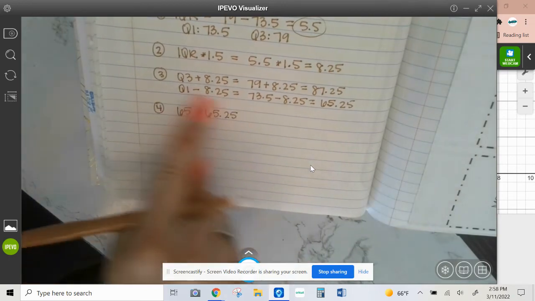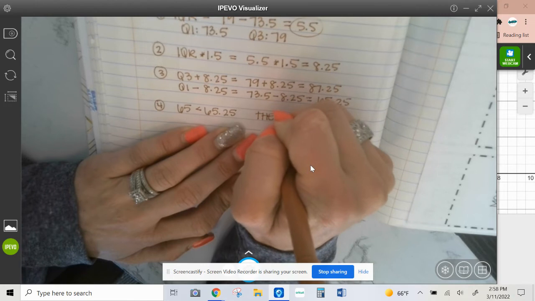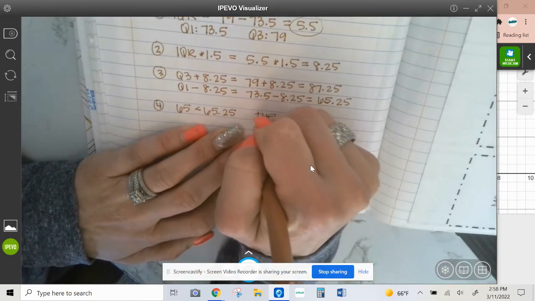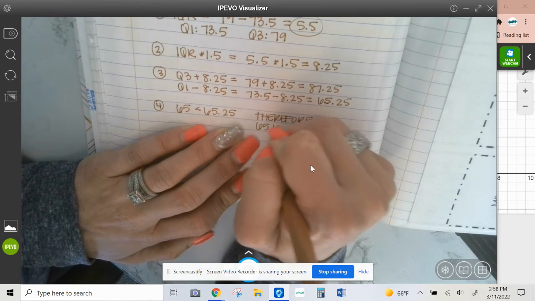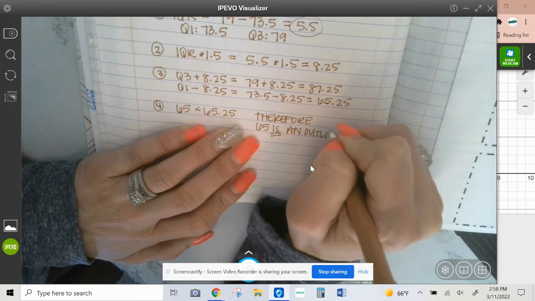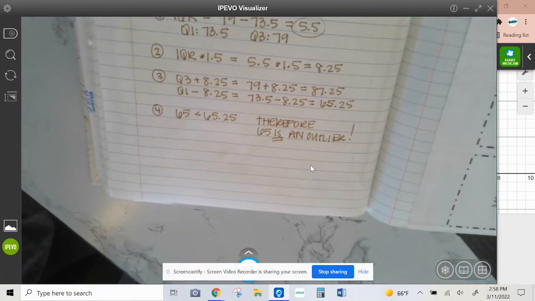Therefore, because of this statement right here, 65 is an outlier. Okay? 65 is an outlier.